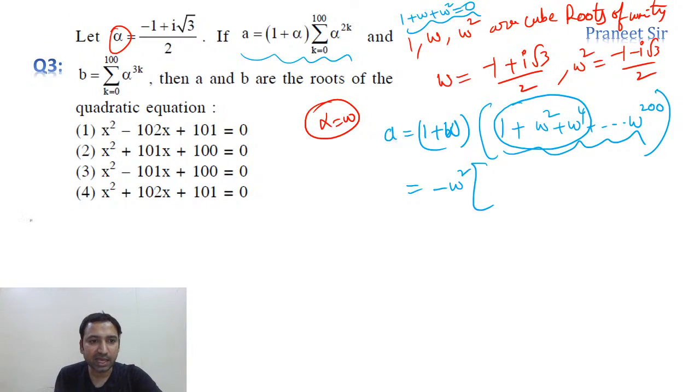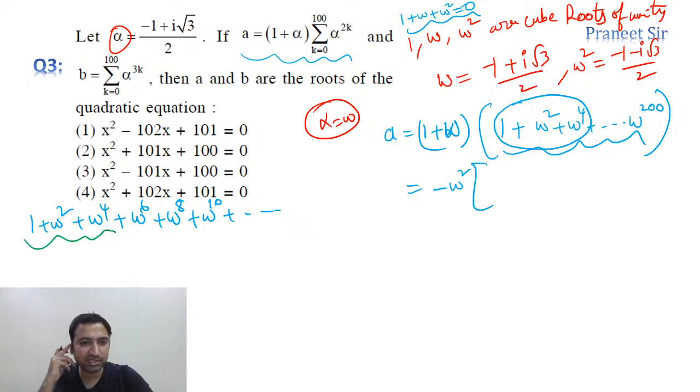Correct or not? If you calculate 1 plus omega square plus omega power 4 plus omega power 6 plus omega power 8 plus omega power 10, like this, if you calculate, first 3 terms 0, next 3 terms 0. Sum of these 3 terms is 0. Why? Because omega power 4 is the same as omega only.